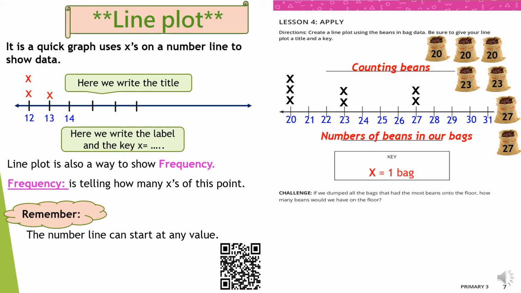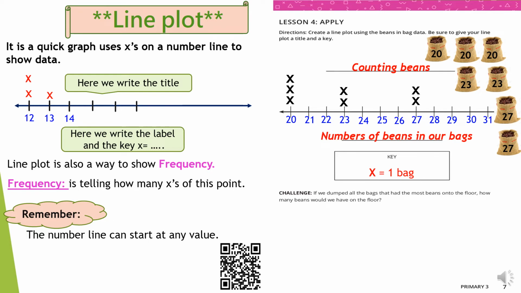So X equals what? Each X is referring to 1 bag. 3 bags of 20, so 3 X's. 2 bags of 23, so 2 X's. So X equals 1 bag.